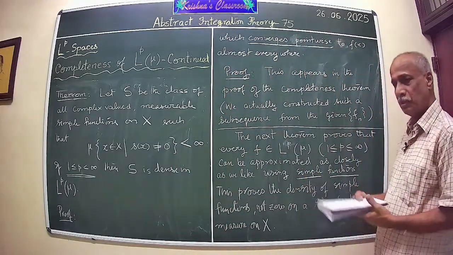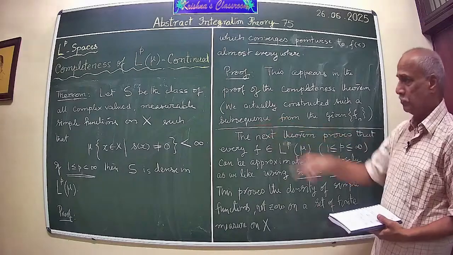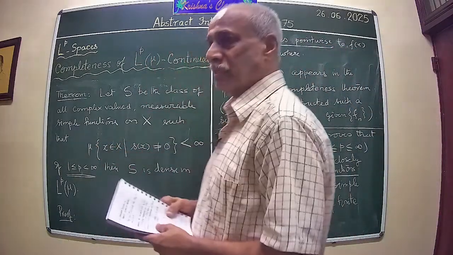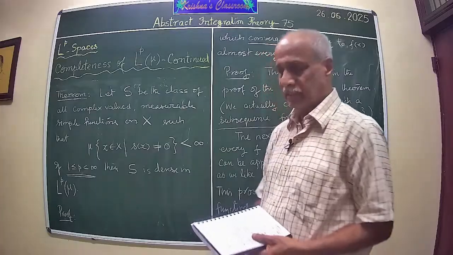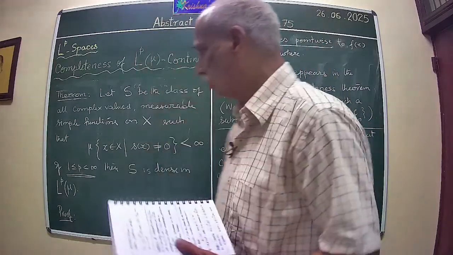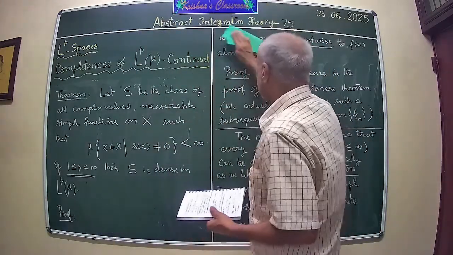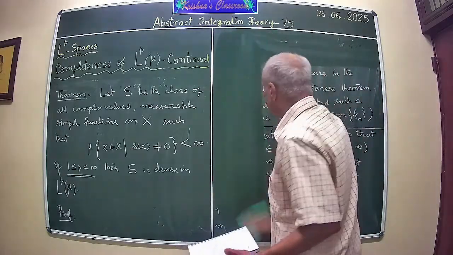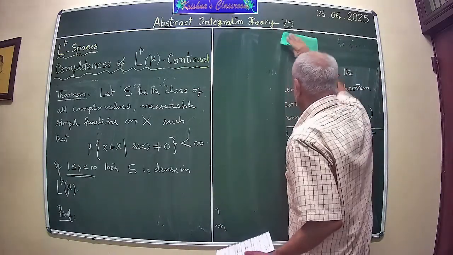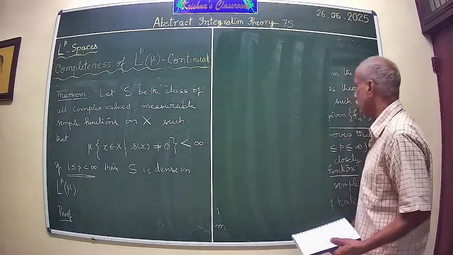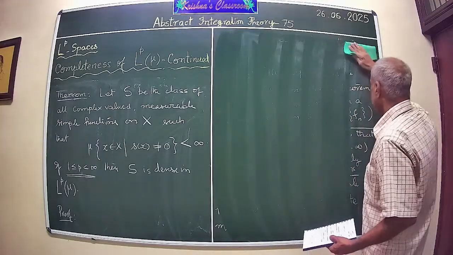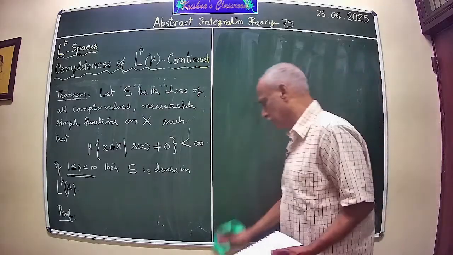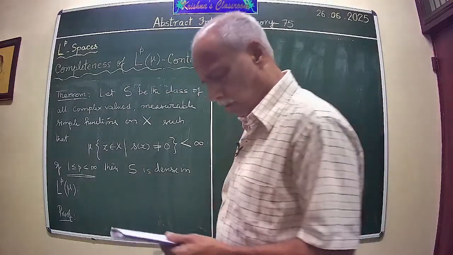So that's the whole advantage. And this simple class of functions with this particular property is something very useful in this process. So let us prove this result. Proof is very simple. It uses Fatou's lemma at some stage, and the bounded convergence theorem at some stage. That's all. Okay.